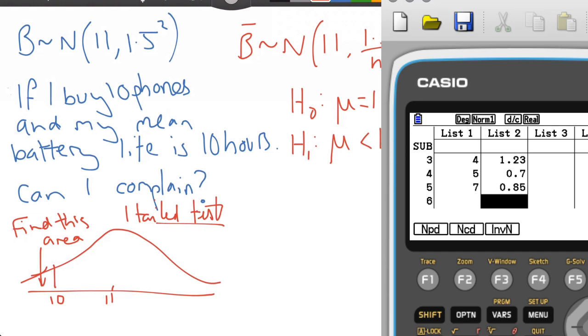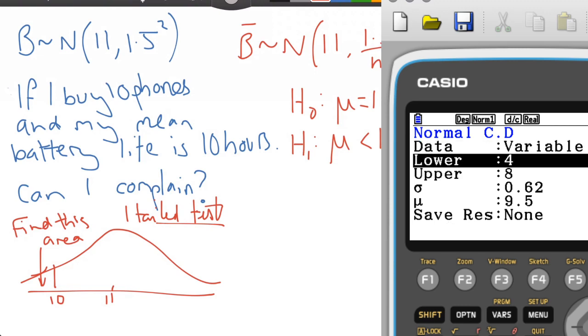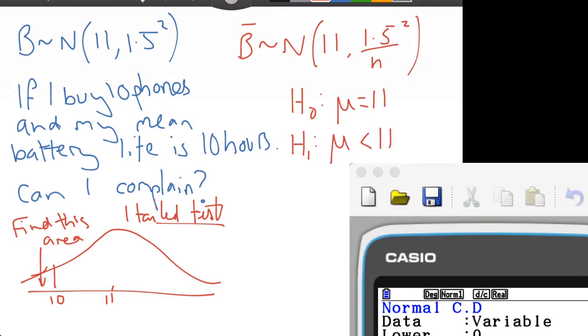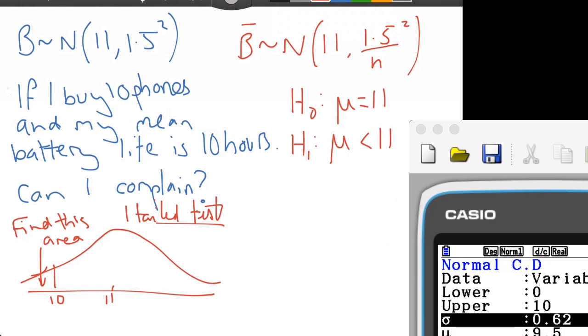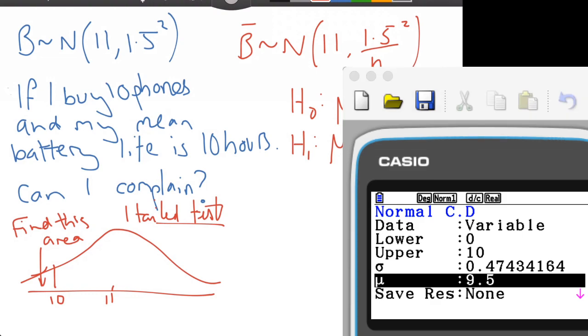We want the probability, so it's a cumulative distribution. Lower value 0, upper value 10. Sigma is going to be 1.5 squared divided by n. Well, I've bought 10 phones, so I need to do 1.5 over root 10 to get 0.47, and my mean is 11 because that's what we're going to test.